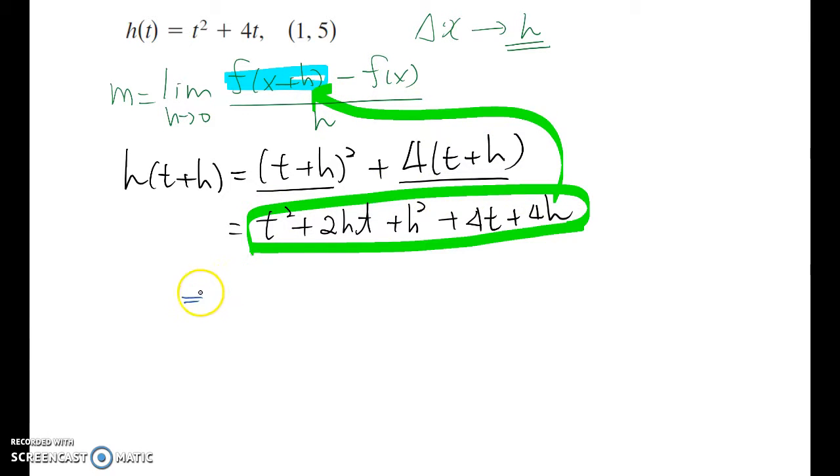So it's going to be the limit as h moves to 0 of f(x plus h) minus f(x) over h.